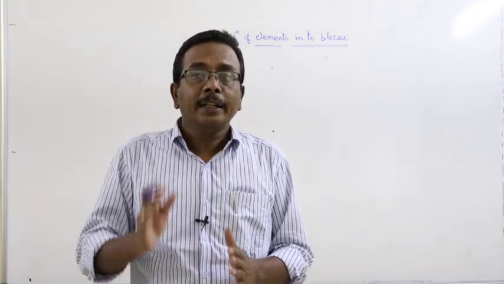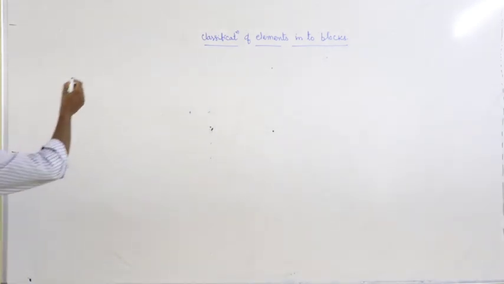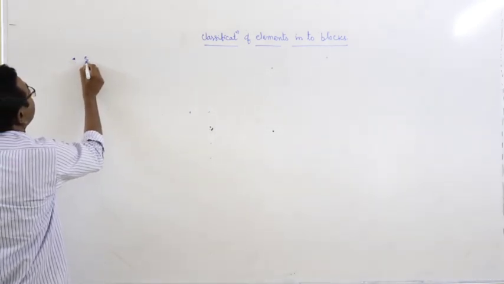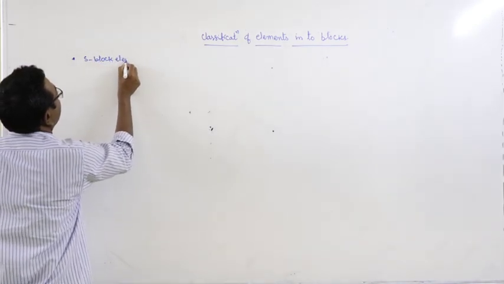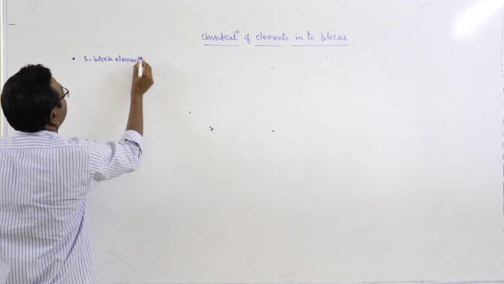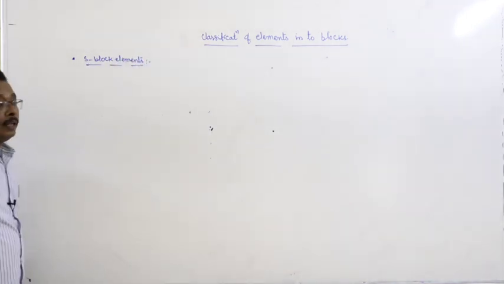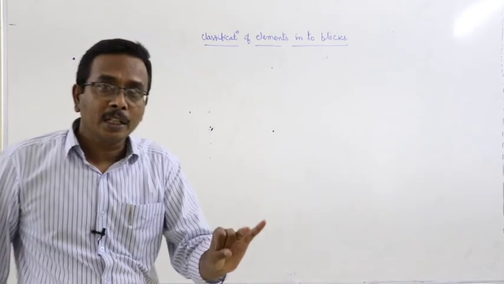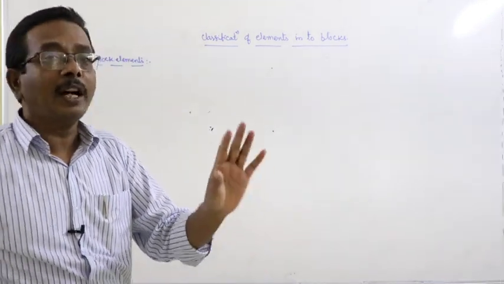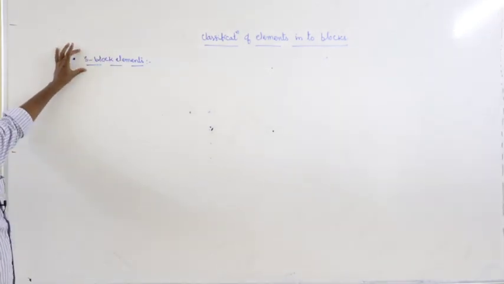The 4 blocks are s block elements, p block elements, d block elements and f block elements. And the first one is the s block elements.